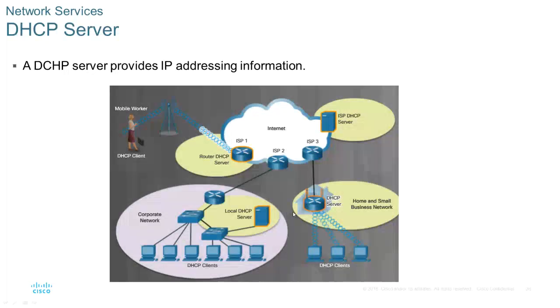Servers can also push out other optional information, but those three items are the core ones. The other one that is normally in there is the DNS server, where you can find the server that translates names to IP addresses.